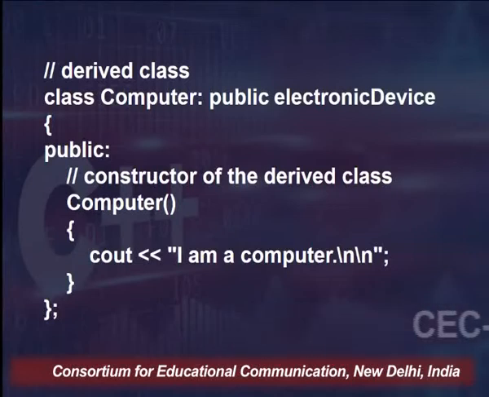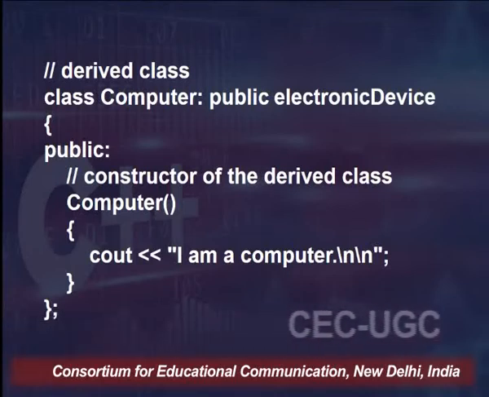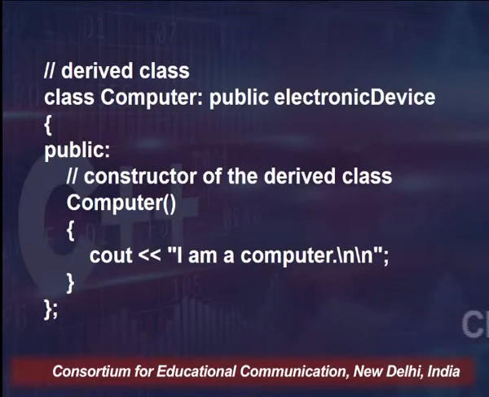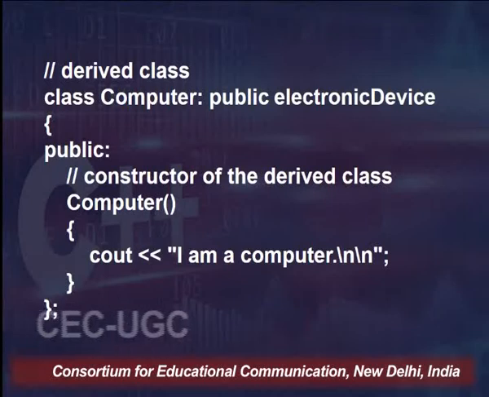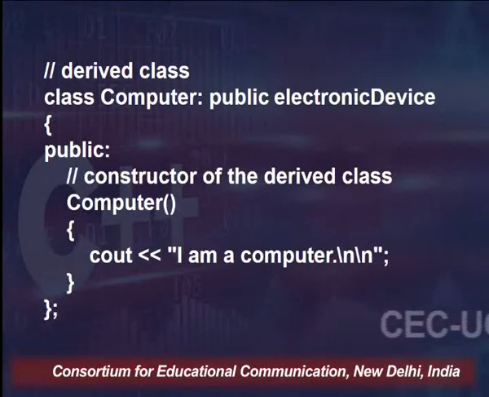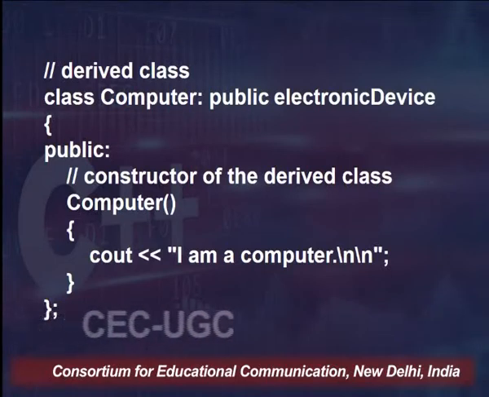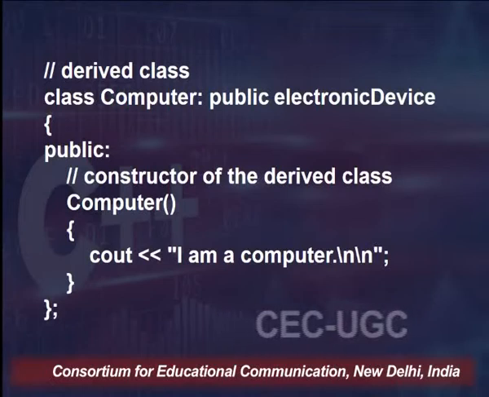What are we trying to do here? We want to inherit ElectronicDevice into the class Computer, which is the derived class, using the visibility mode public. So in public visibility mode, we are deriving from the ElectronicDevice class, which is the parent class, to the class Computer. So: class Computer colon public ElectronicDevice, where ElectronicDevice is the name of the base class.